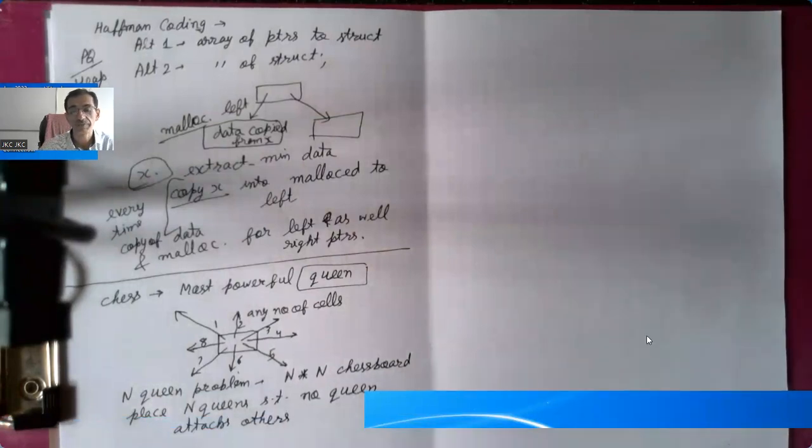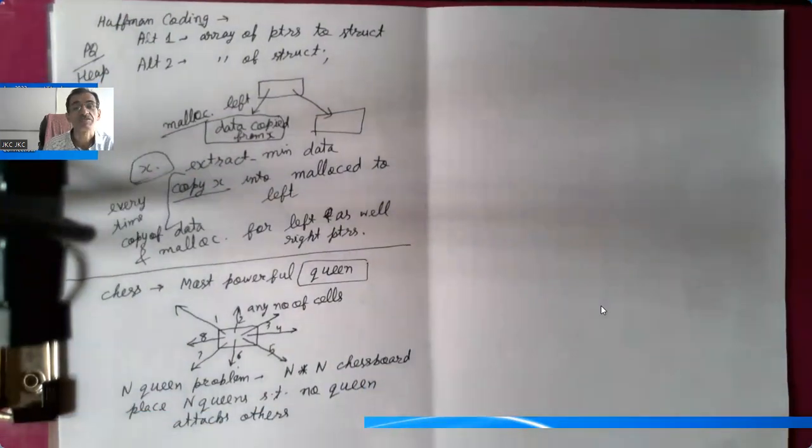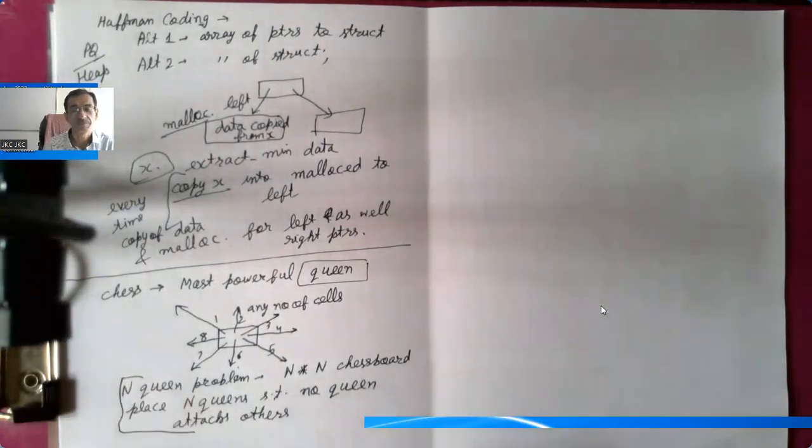If I am able to implement that, this is what we really want to achieve. So this is my n queen problem.